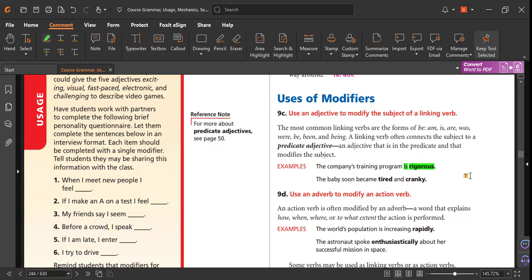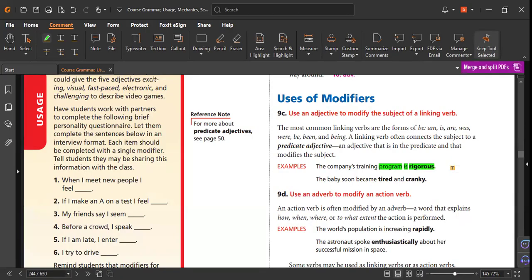Now, here rigorous, what does rigorous refer to? The company's training program. So the training program of the company. If you are talking about the program, what is rigorous? The training program or the company? So it depends. If I give you an answer in any question to say the training is rigorous, it has a different meaning.